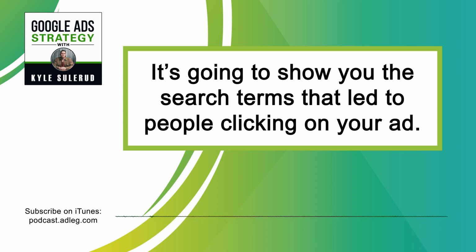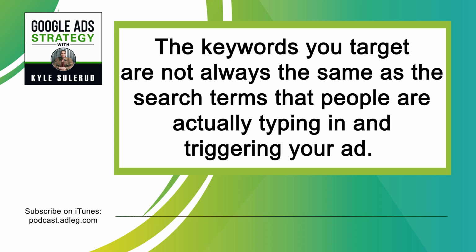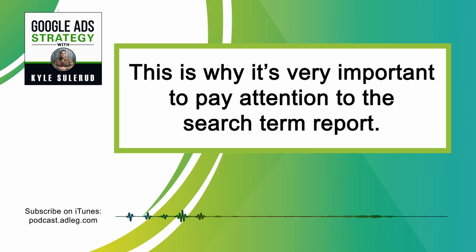You say, I want to show my ad to people searching for these keywords. Well, the keywords that you target are not always the same as the search terms that people are actually typing in and triggering your ad. So it's very important to pay attention to the search term report.